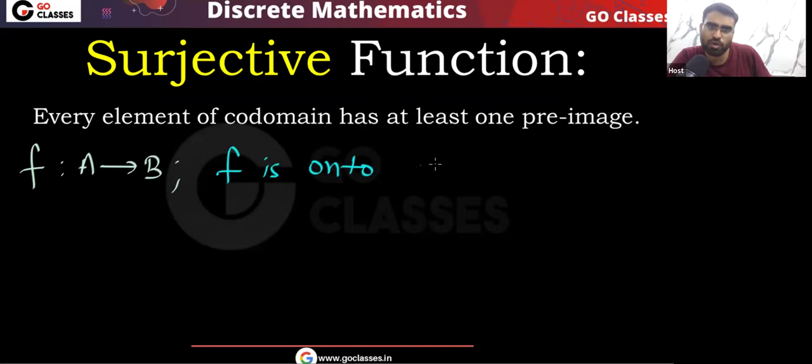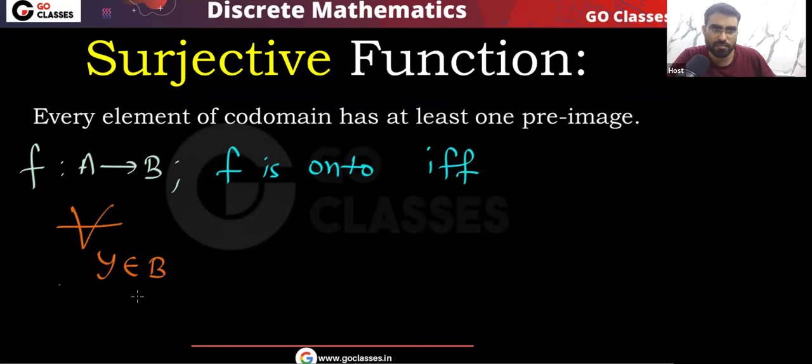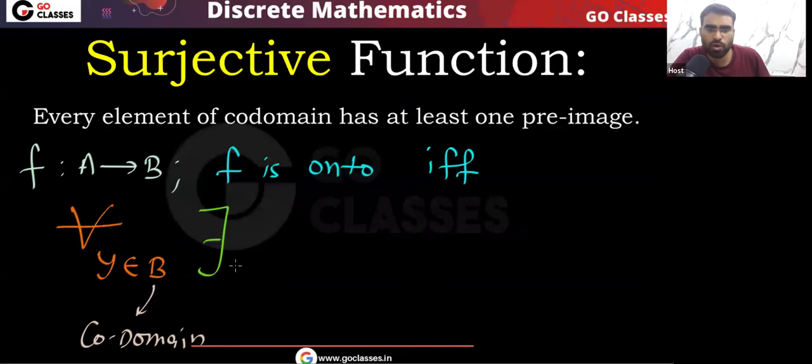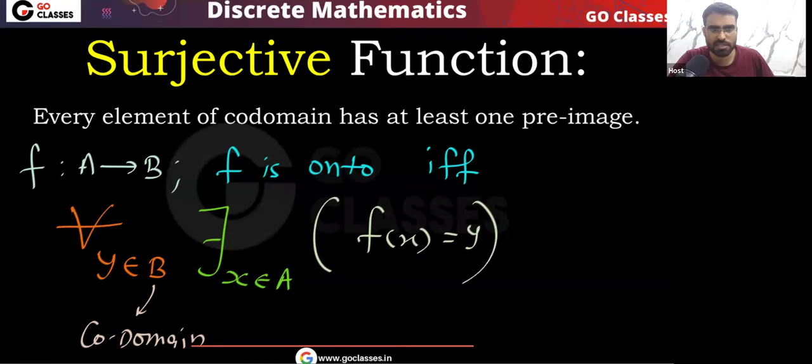When can I say f is onto? f is onto if and only if for every element y of the codomain, there must exist some element whose image is y. Is this clear?